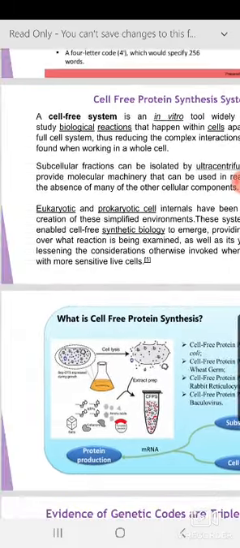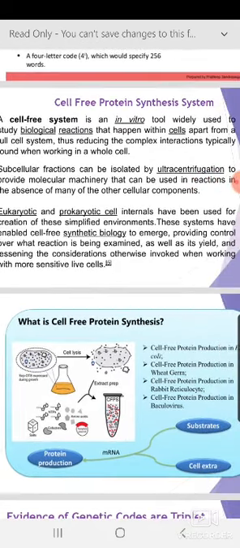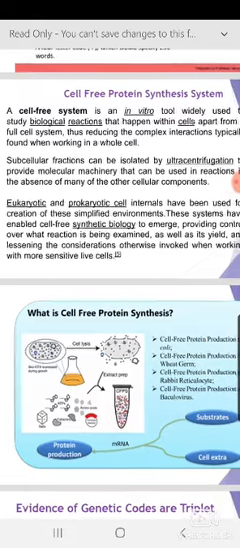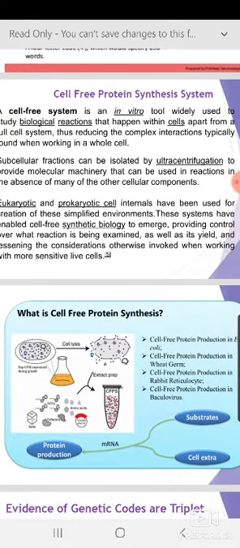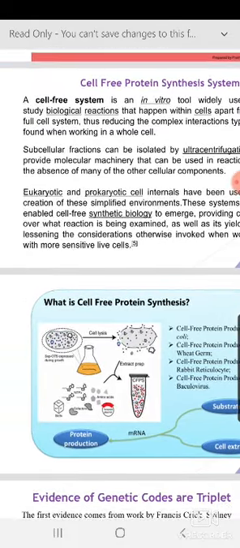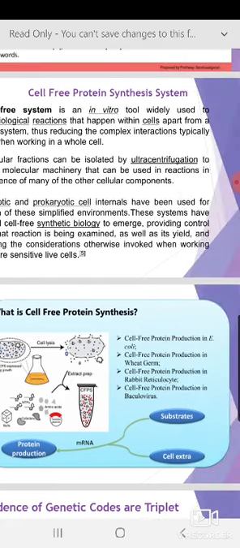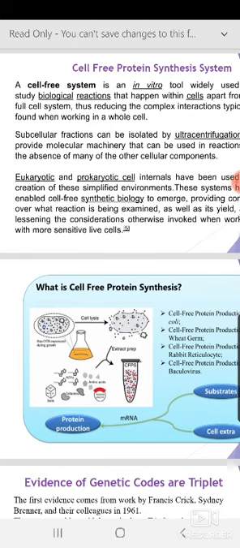These systems have enabled cell-free synthetic biology to emerge, providing control over what reaction is being examined as well as its yield, and lessening the considerations otherwise invoked when working with more sensitive live cells.